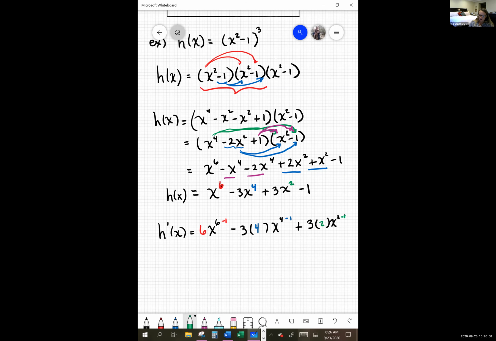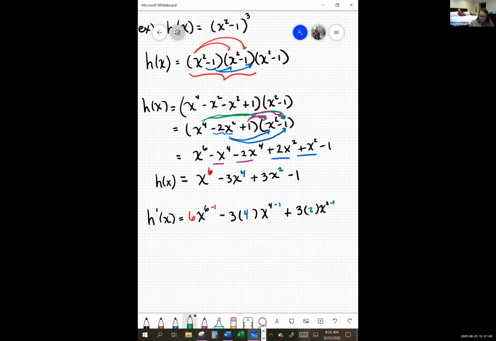And then the derivative of a constant. Remember, a derivative of the constant is 0. I'm just going to put that 0 there, so hopefully you remember. 0. So 6x to the 5th minus 3 times 4 is 12. X to the 4 minus 1, so x cubed, plus 3 times 2, so plus 6x.